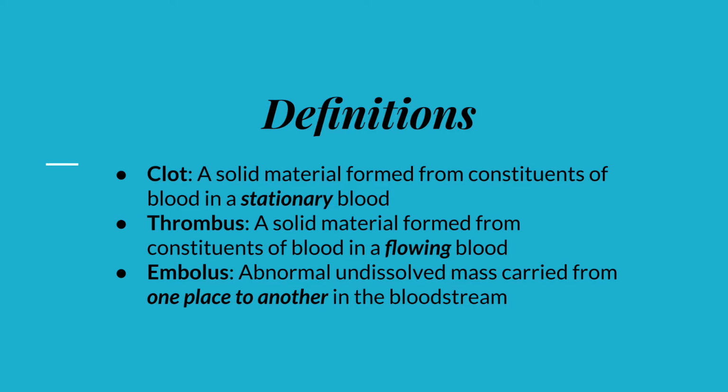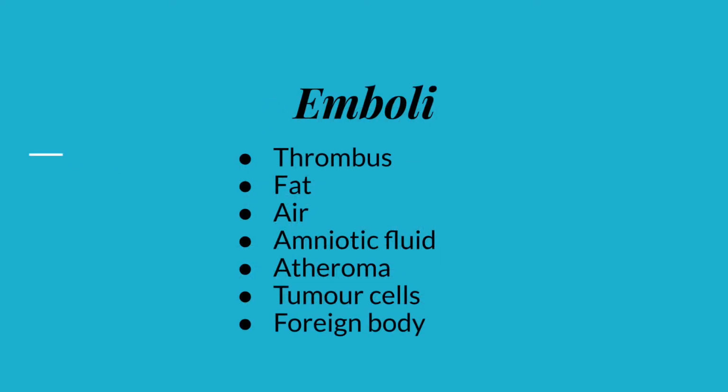An embolus can be a clot, thrombus, or other material which has traveled from point A to point B in the bloodstream. A few examples of emboli are thrombus, fat, air, amniotic fluid, atheroma, tumor cells, and even a foreign body such as a tiny surgical instrument that has dislodged into the bloodstream.